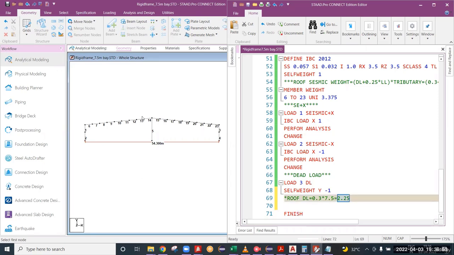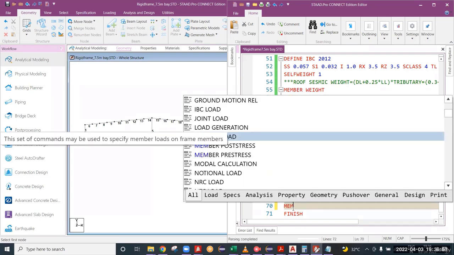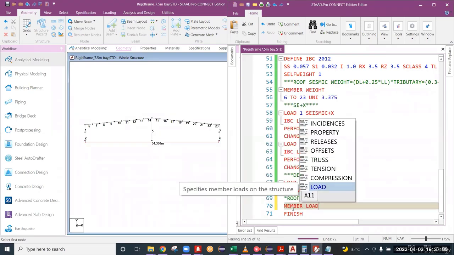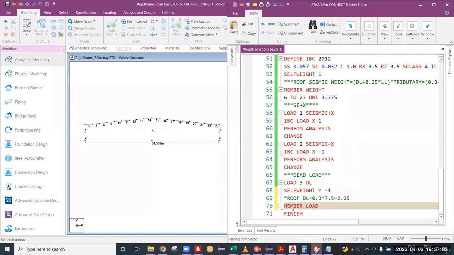You are applying UDL on the members, so it will come under member load. There are different types of loads, member load, nodal load, plate load, available in STAAD Pro.